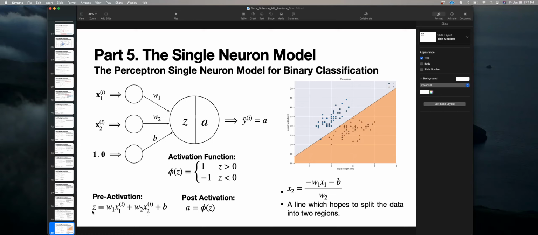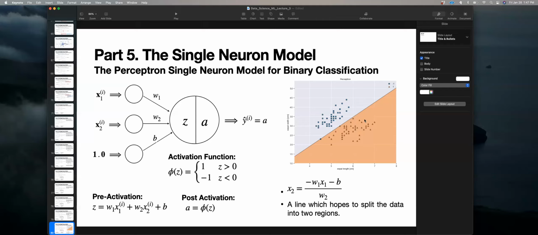But if we set Z equal to 0 and we solve for X2, we can plot, so if we have weight 1, weight 2, and a bias, we can solve for X2 and we get this equation here. This is a function of X1, right? X2 is a function of X1. If we have the appropriate weights and bias and we plot this, it's going to generate this line.